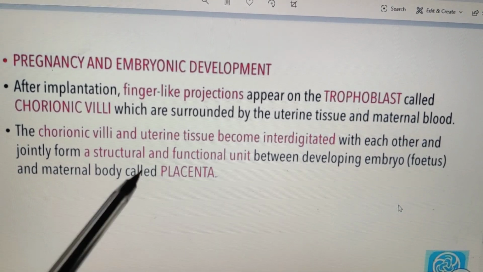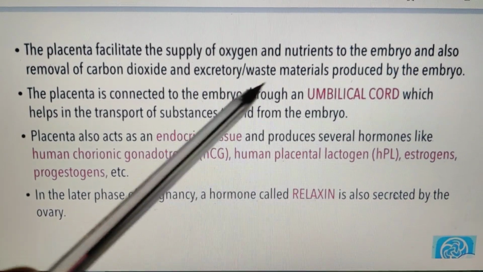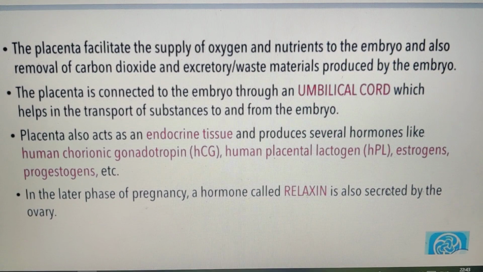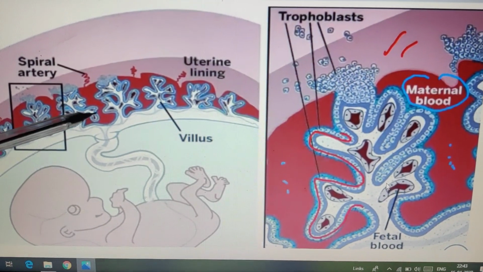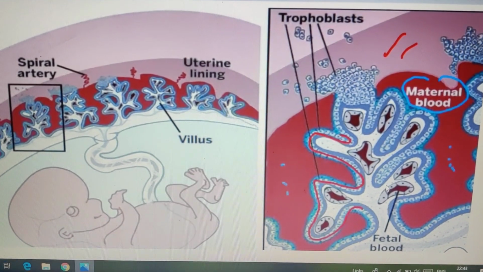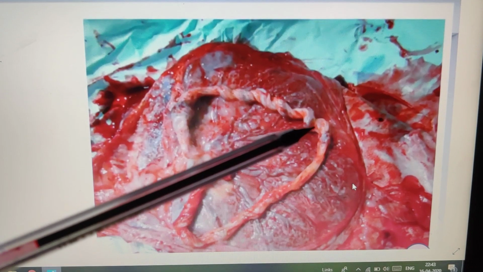This is the placenta. The placenta is connected with the embryo with the help of this umbilical cord. So this is the umbilical cord. You can also see the placenta and the attached umbilical cord.